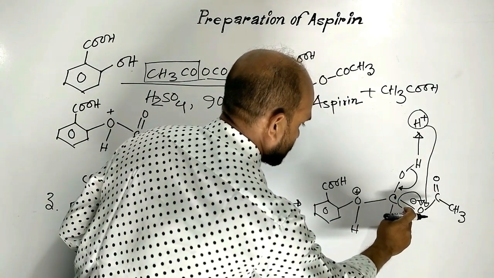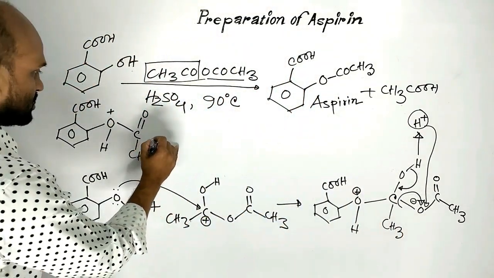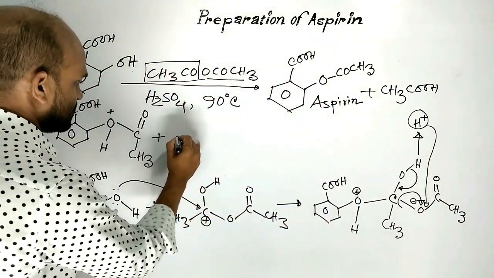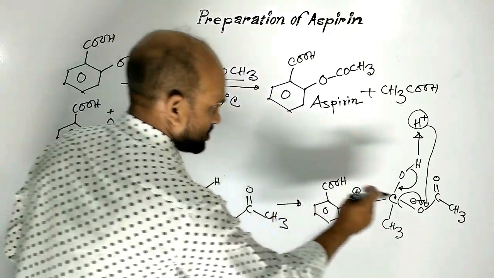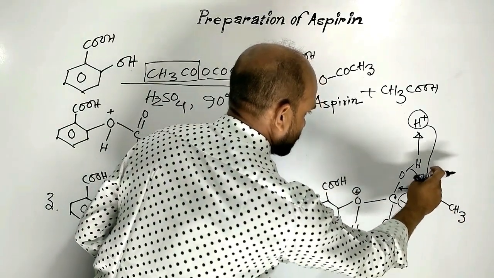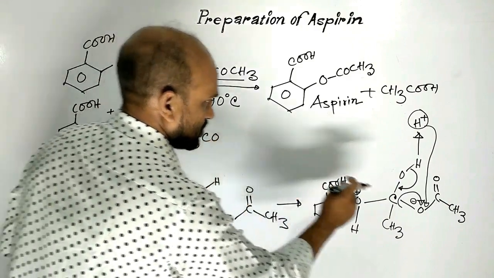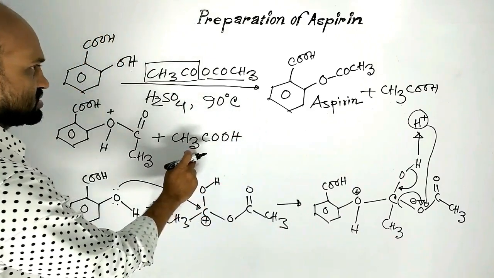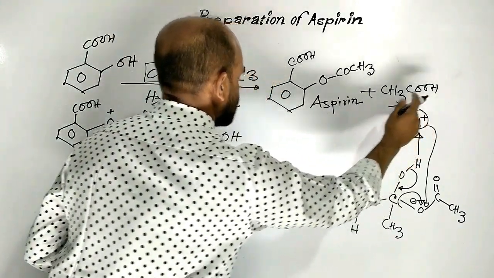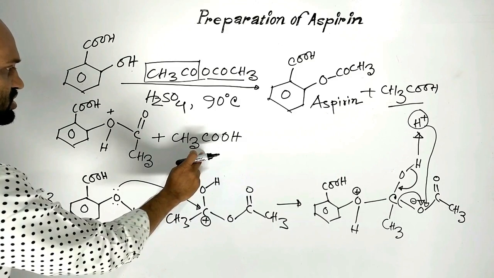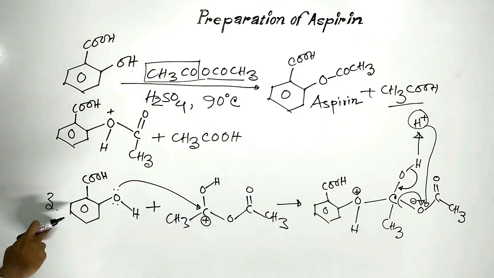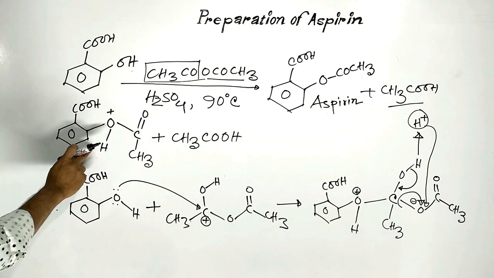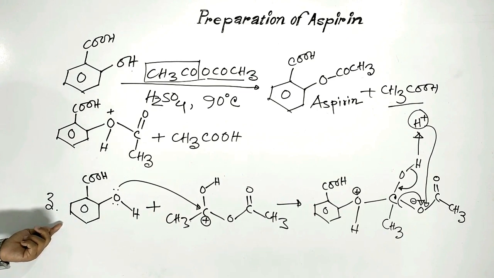This carbon oxygen bond broke here. Then another compound is obtained, that is CH3 CO OH, acetic acid, which is the byproduct in the reaction. This byproduct is obtained at step 3 and this entity is obtained from step 3.